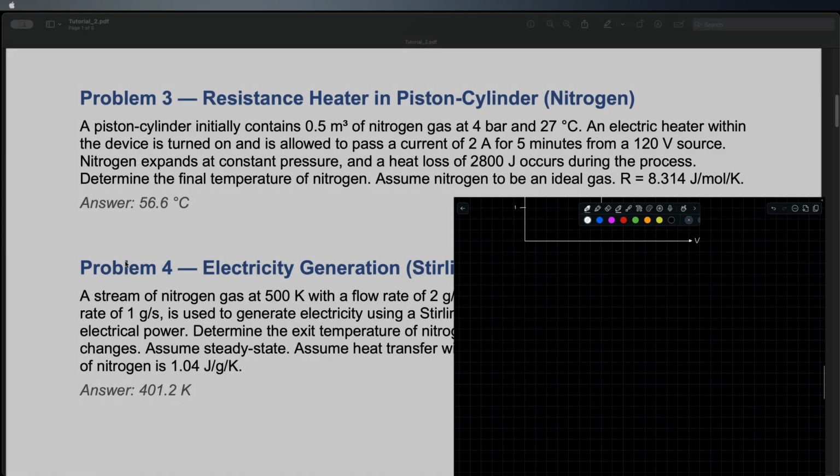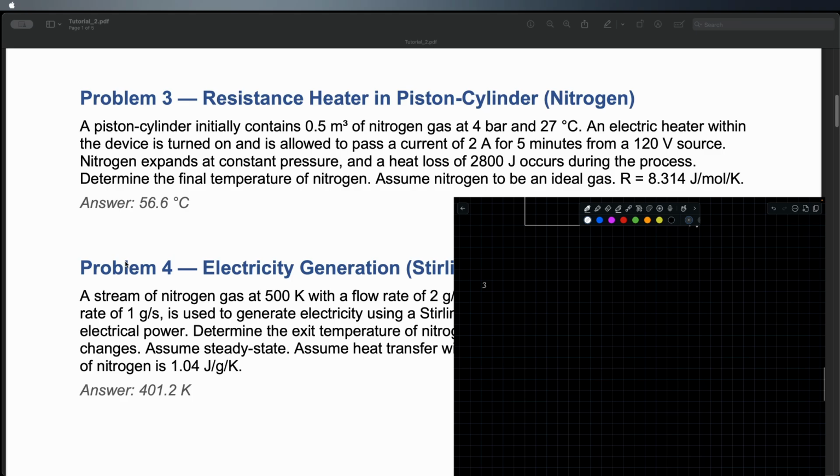Problem number 3, we have a piston cylinder. So let's go ahead and draw that. This is going to be my piston head, and it probably has a shaft attached to it.